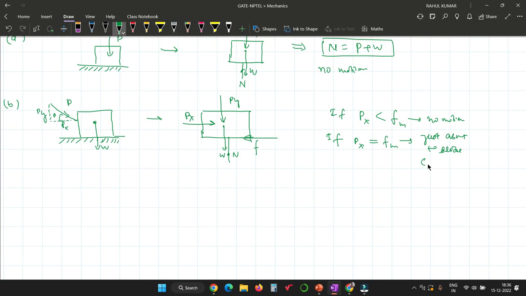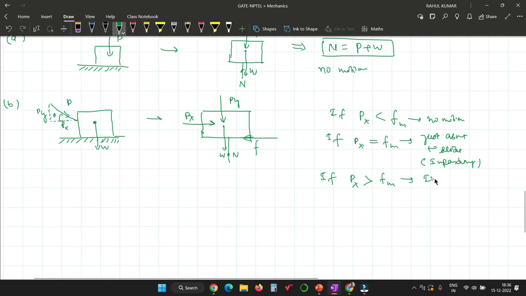In appropriate words, impending. And if Px is greater than Fm, then what is the situation? In motion. Yeah, in this situation the block will start moving.